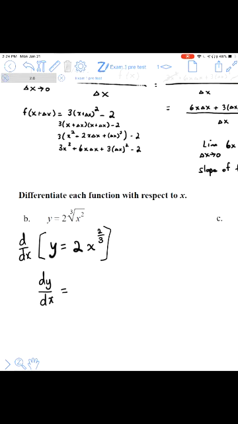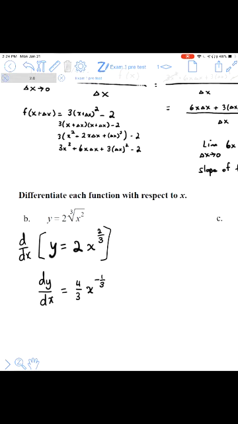Now we're going to use the power rule. Remember, coefficient and exponent are going to multiply. So 2 times 2/3 is 4/3, and we subtract 1 from the exponent.